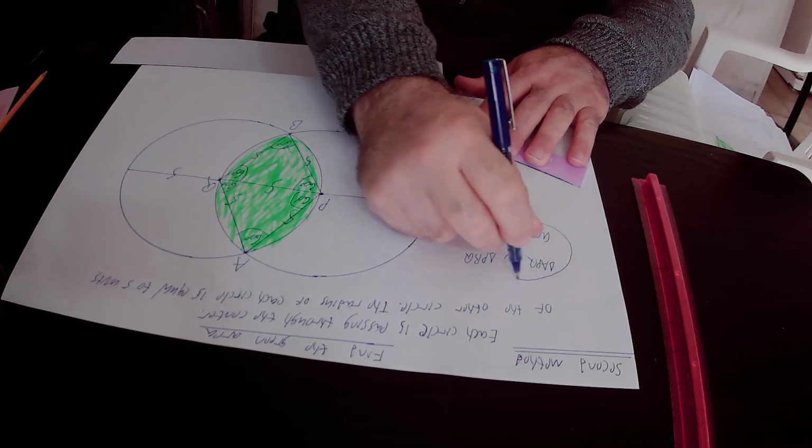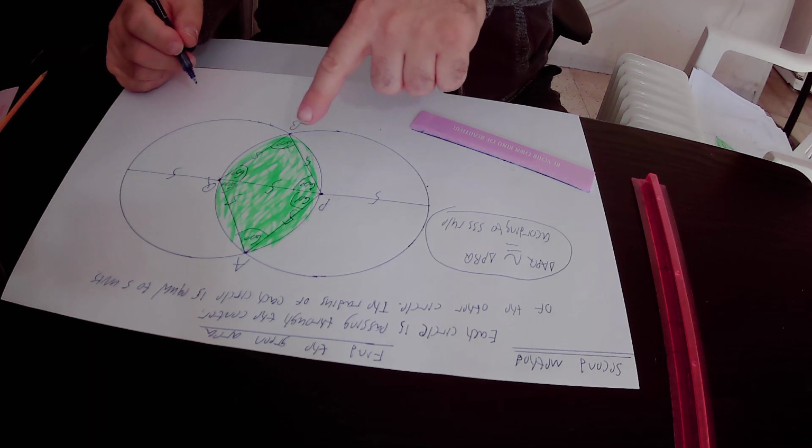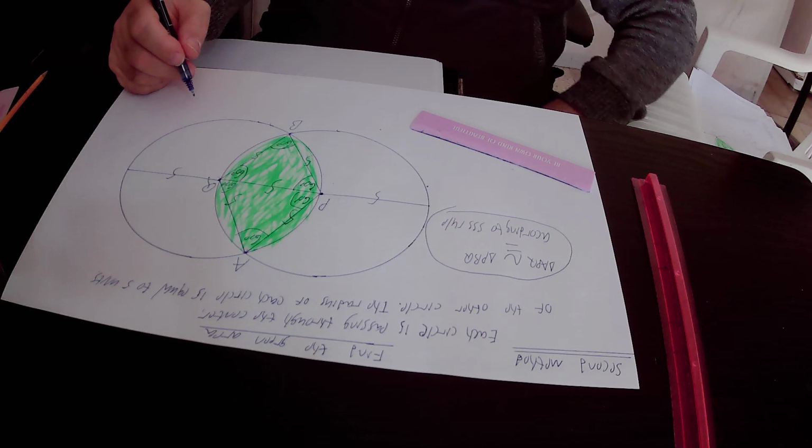All the sides of triangle APQ are congruent to all the sides of triangle PBQ. All the sides are equal to 5 units.